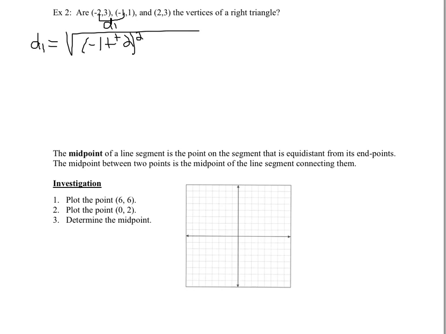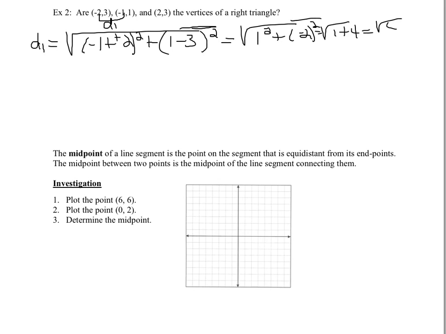Either way, you're going to get 1 squared. So it really doesn't matter the order, as long as you make sure you do x's minus x's and y's minus y's. So here, I could do 1 minus 3 squared. And when I do that, I'm going to get the square root of 1 squared plus -2 squared, or the square root of 1 plus 4, or the square root of 5. I'm going to leave it as the square root of 5 for now.